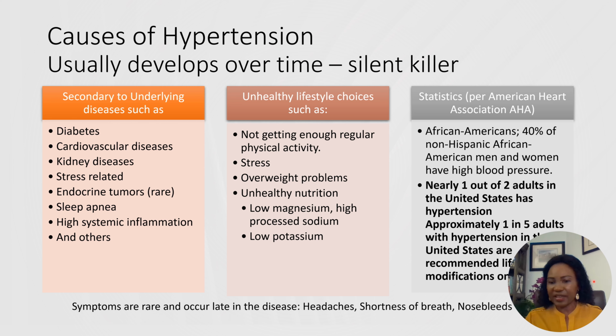Guys, hypertension is a silent killer because there are no symptoms as it starts. The symptoms usually come or present themselves really further down in the disease process, where it's getting into really bad complications. Some of these symptoms can be headaches, shortness of breath, bleeds, but you want to catch it and stop it before it gets to that point.